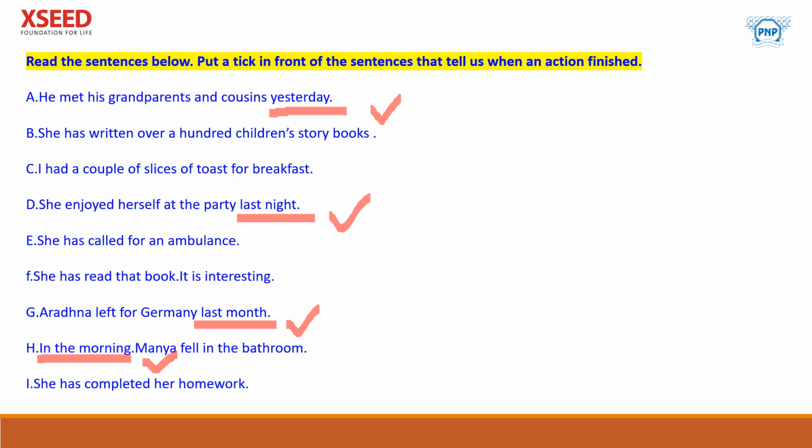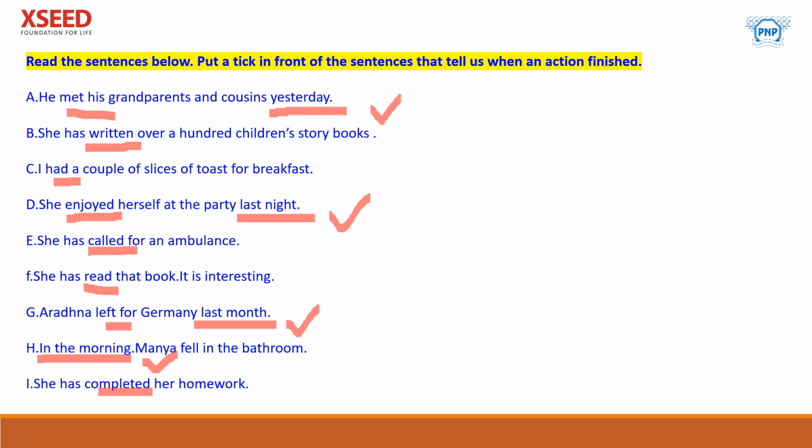Correct. So, here you can see the different actions that happen in the sentences: met, written, had, enjoy, call, read, visited, left, and completed.